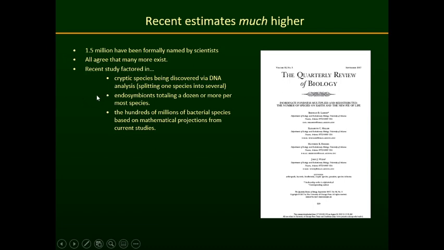They also looked at rates of discovery of endosymbionts. Endosymbionts are species that you are very familiar with because these are organisms that live inside you. Those, for example, are your gut bacteria, different species that are inside of you. We have gut bacteria that are distinctly human.